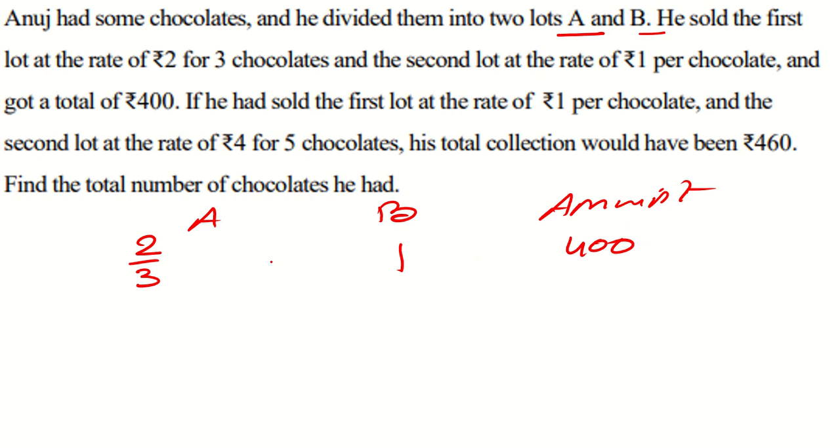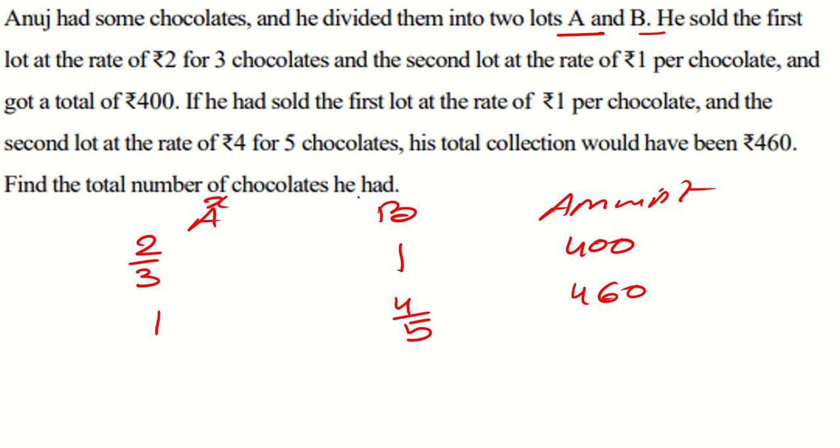And then if he had sold the first lot at 1 rupee per chocolate and the second lot at 4 for 5 rupees, he would have got 460 rupees. We have to find the total number of chocolates.